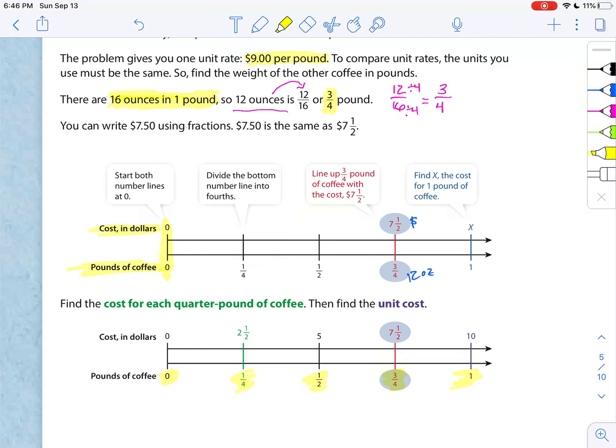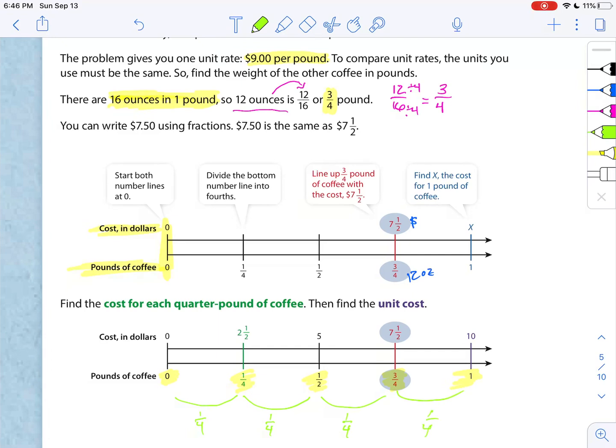When you're dividing that number line up, you want it to be the same amount between each section. So from 0 to 1/4 is a fourth, and from 1/4 to a half is another fourth. So you're going up by 1/4 each time. You want that to be consistently the same.